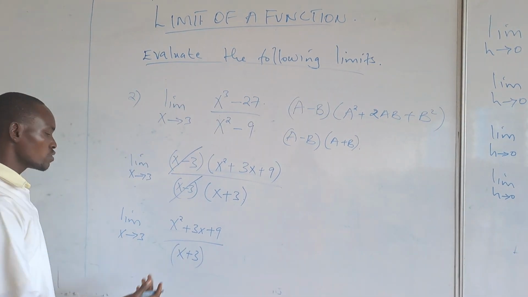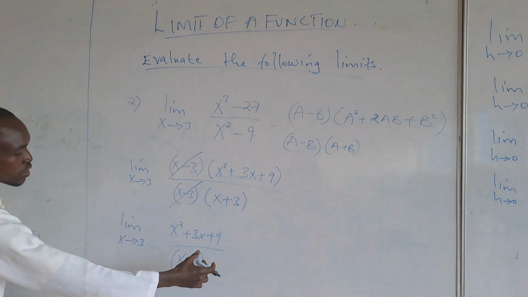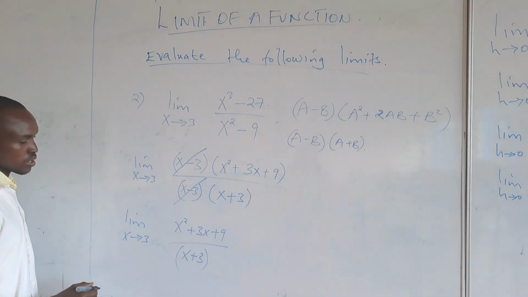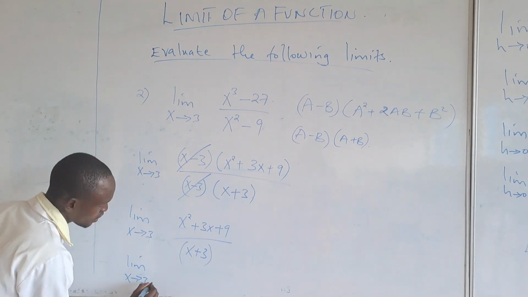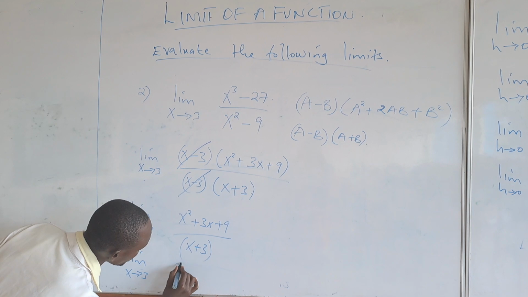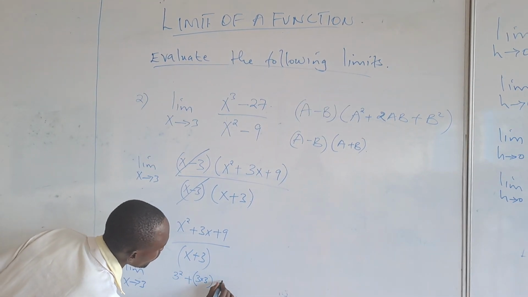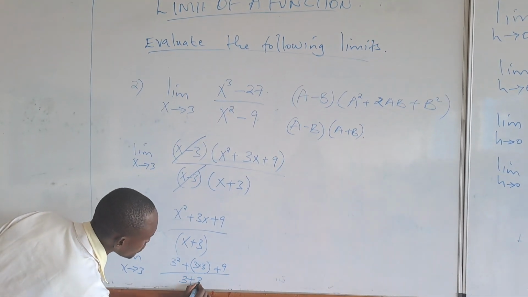If it can, then we can apply it to evaluate the limit as x tends to 3. So it will be 3 squared plus 3 times 3 plus 9, divided by 3 plus 3.